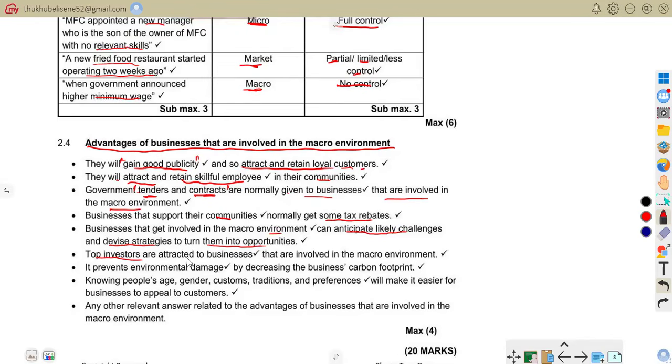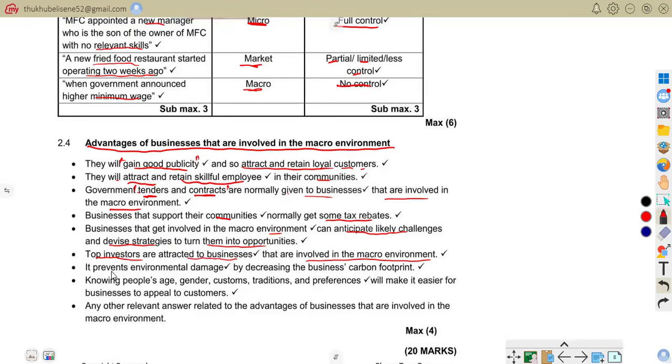Top investors are attracted to businesses that are involved in the macro environment.